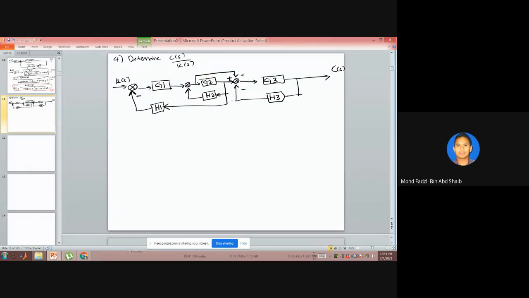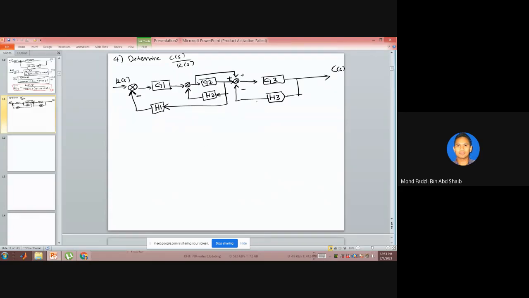Okay, start to take a look at this question. You can see the screen? Yes, doctor. Okay, good. We try to solve this question. What can we solve first?